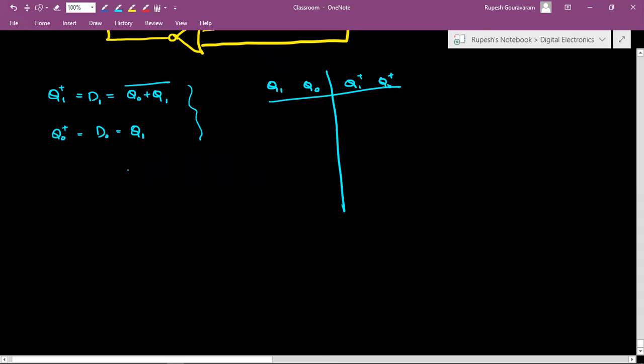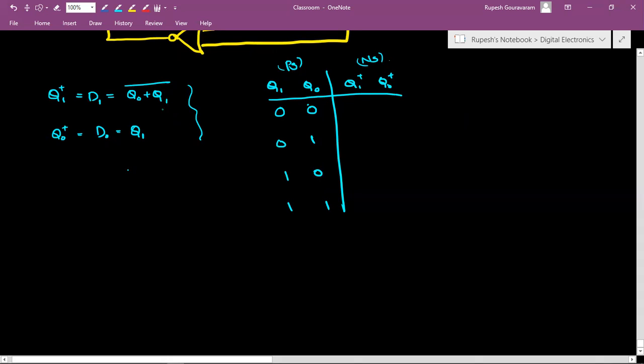Let us take all the possible states to check whether this is a self-starting counter or not. What are the possible cases for Q1 and Q0? This is the present state and this will be the next state. The possible cases are 00, 01, 10 and 11.